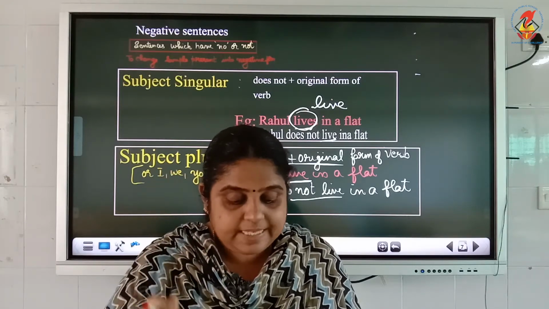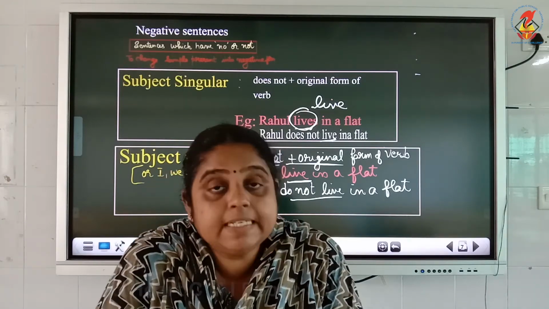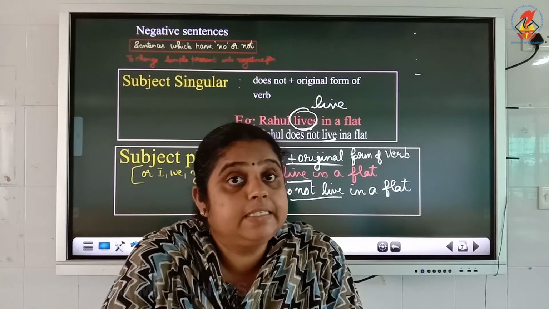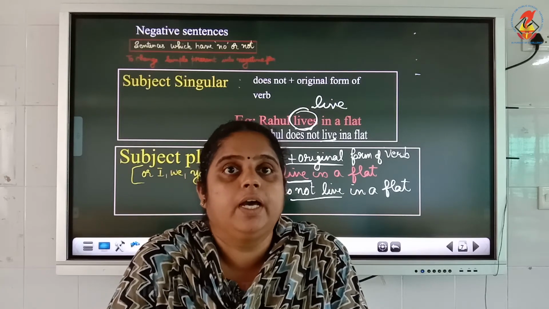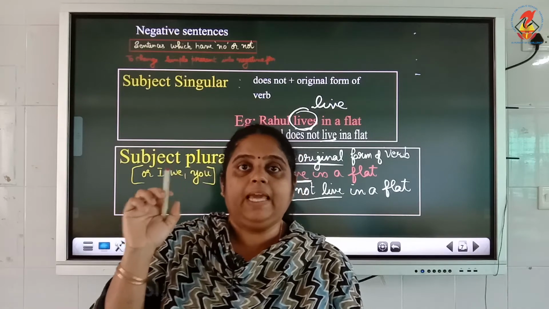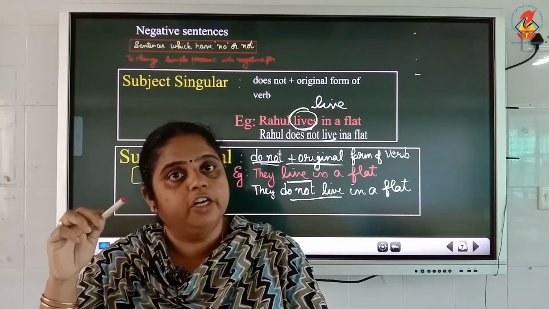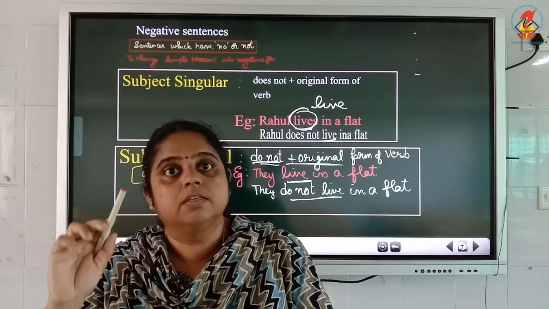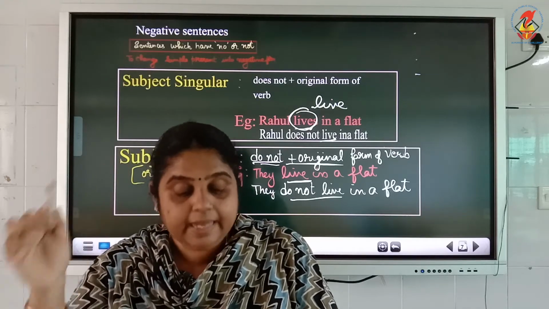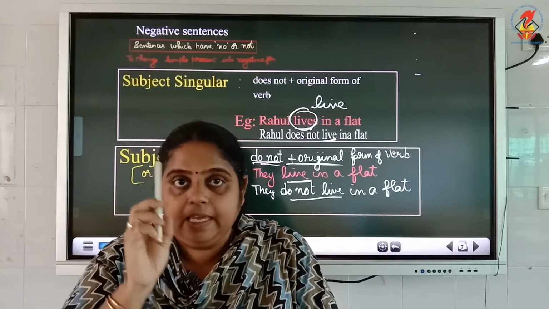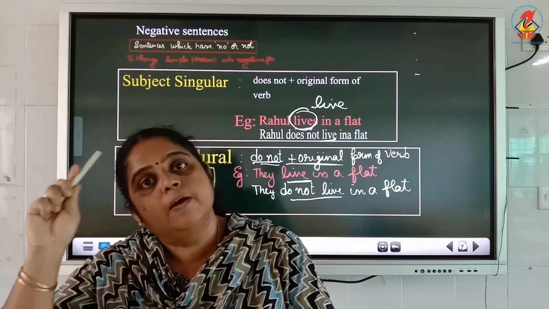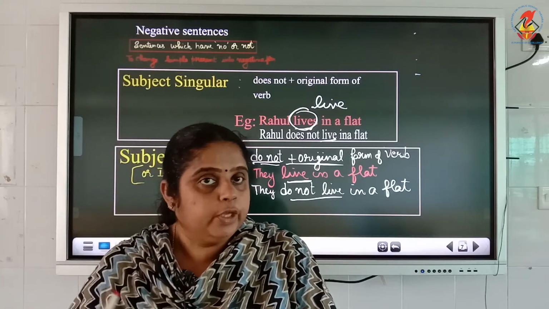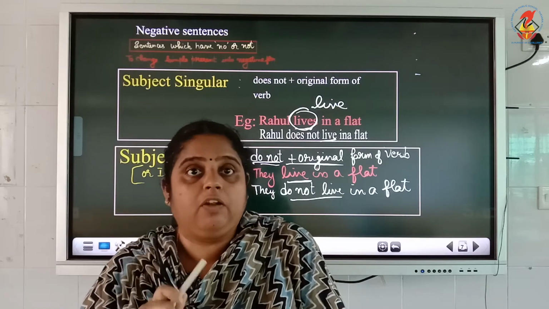Clear? Second one, he plays cricket. He means singular. He plays. So, you have to convert it into negative. He does not, yes, play cricket, not plays cricket. He does not play cricket. Okay. Third one is a plural one.